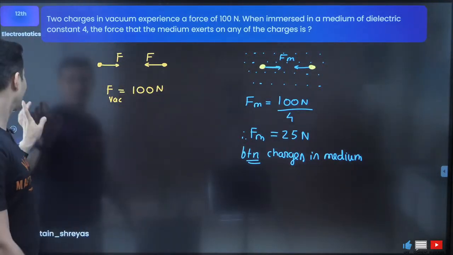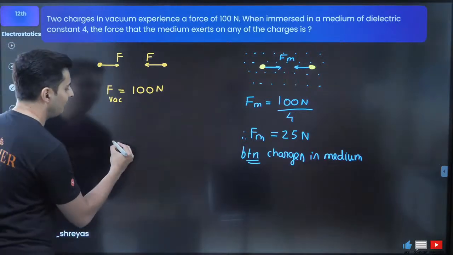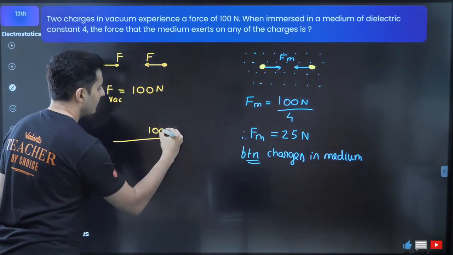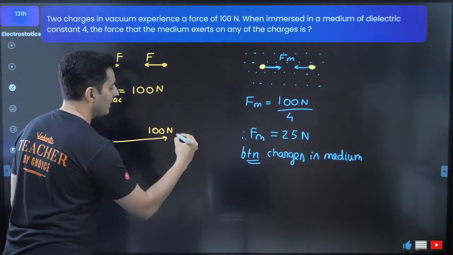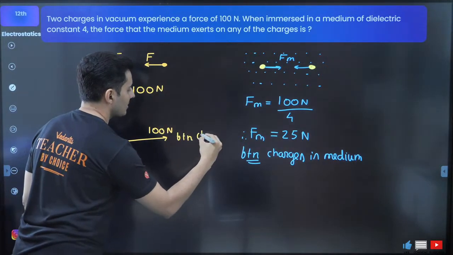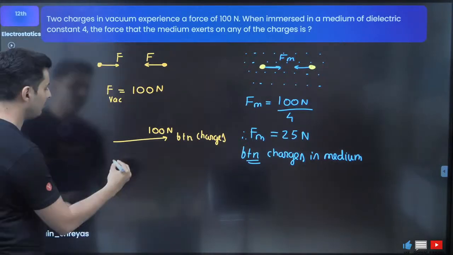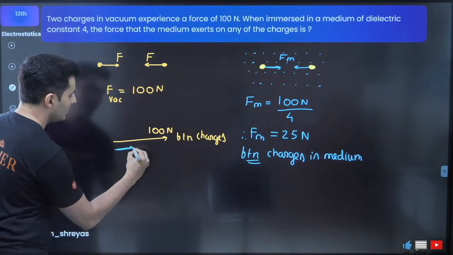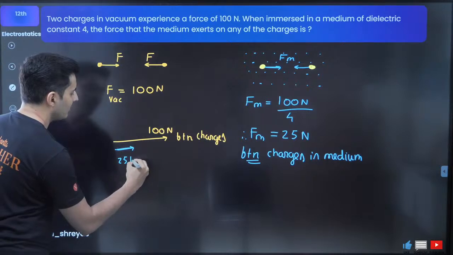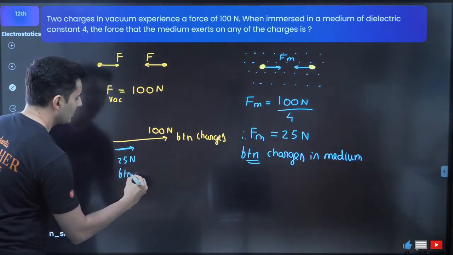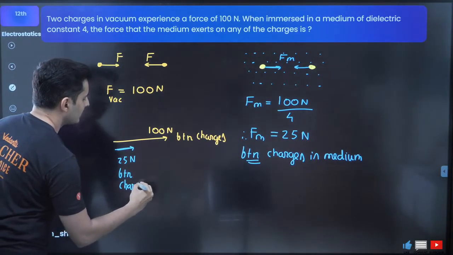Beautiful question. Earlier the force was 100 Newton between the charges in vacuum. When you placed them in the medium, the force just became 25 Newton between the charges.